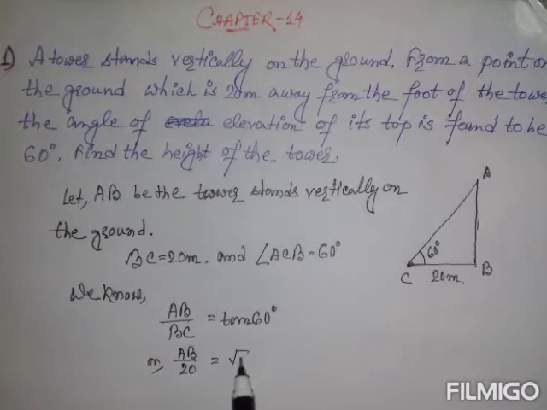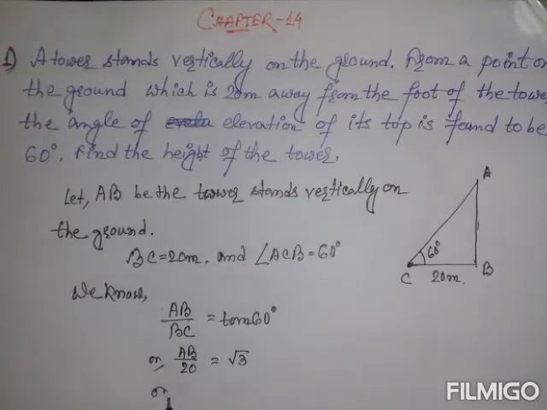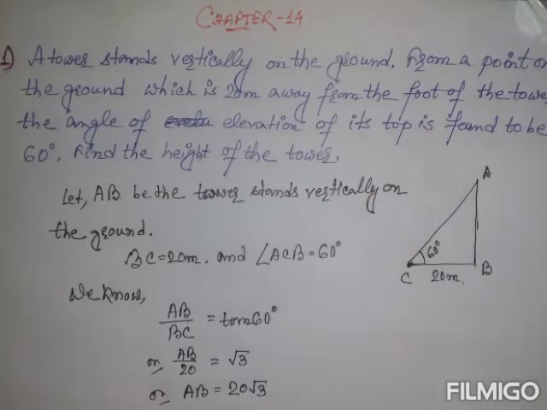Tan 60 means root 3. We must remember the value of all these kind of tan, sin, cos. Okay. Or AB is equal to 20 root 3. So now this is the answer. This is the height of the tower.